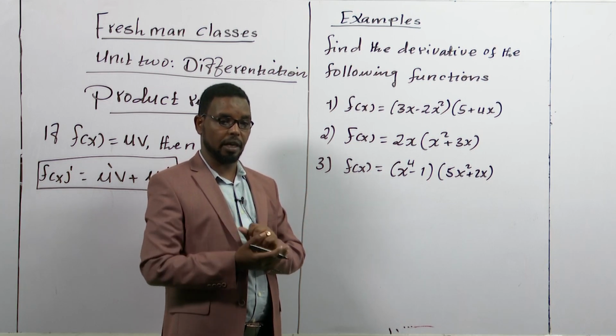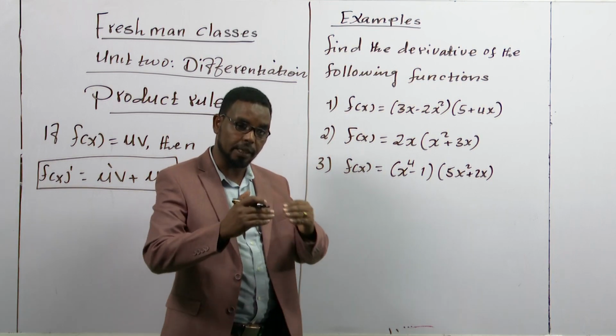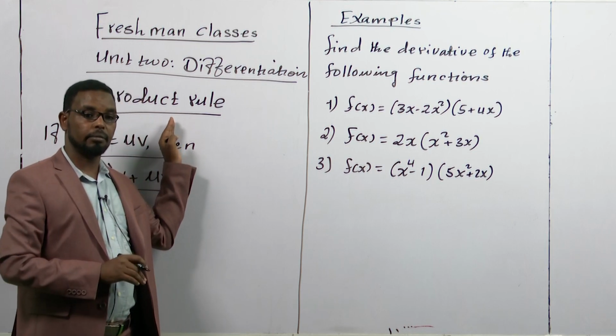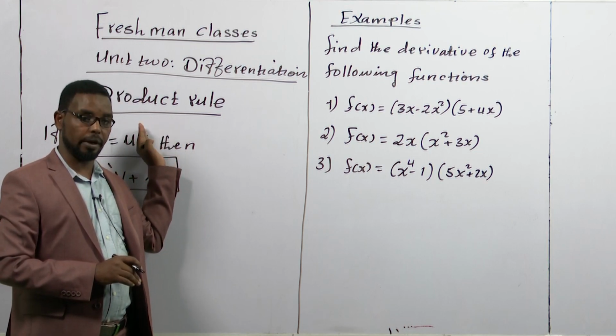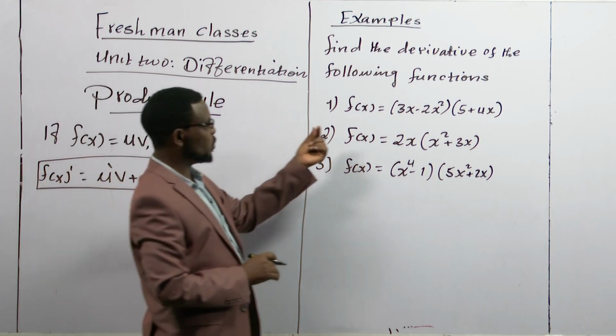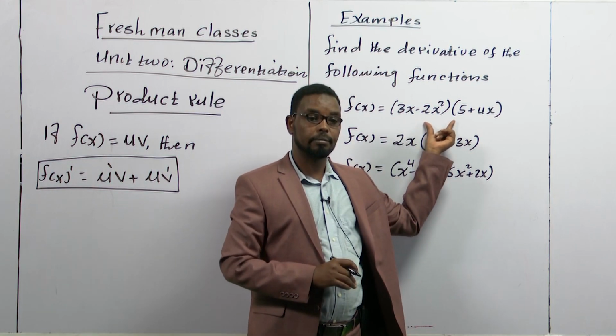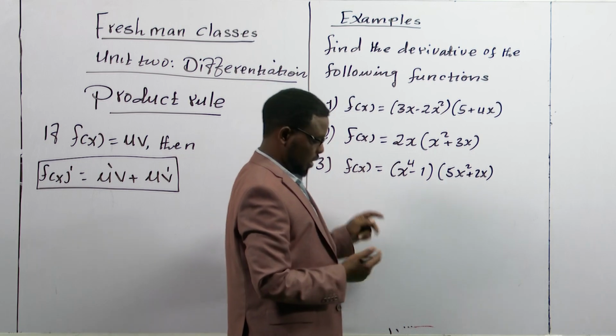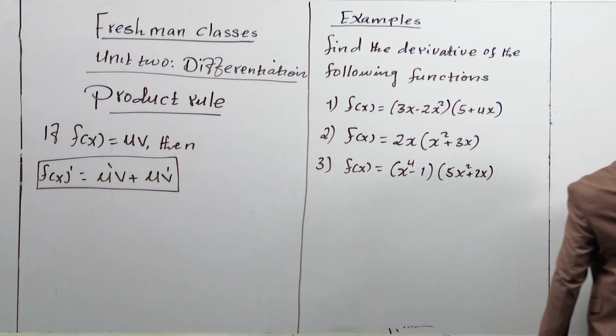You should follow me carefully with the steps that I am taking. What makes this rule different from the other rules is that it is a product. It contains two functions that are multiplied together. Okay, let us solve.